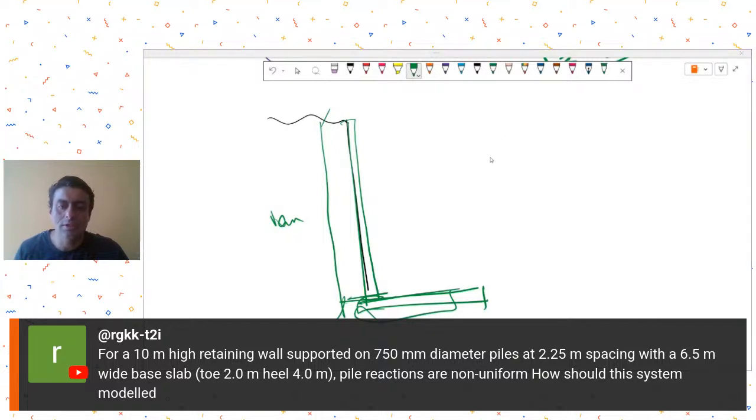So all those decisions you have to first take. Modeling will come at the end. You should not start with modeling. Modeling will be the end step. First, you need to see what system you are going to adopt. So as I was telling you, if this is the plan view, you might come up with the system where you have these pile caps retaining.